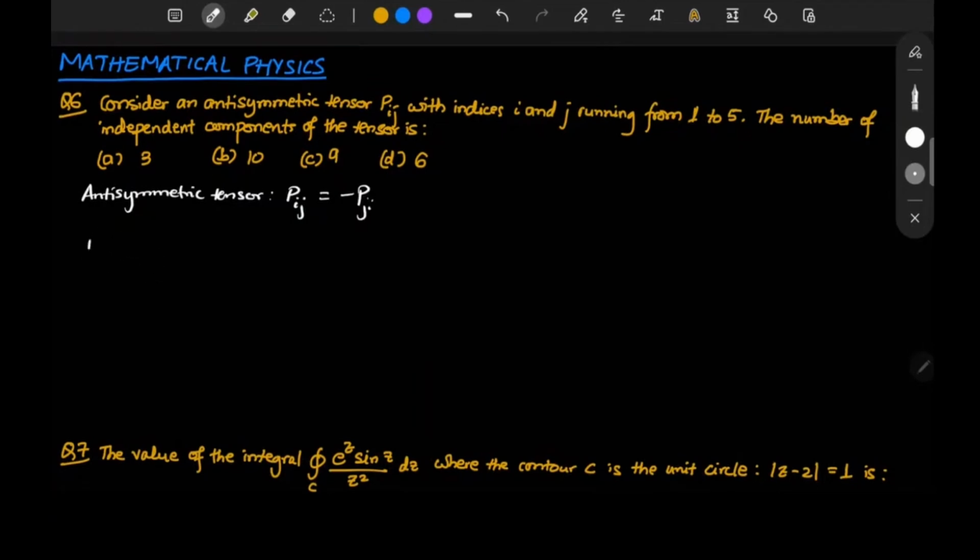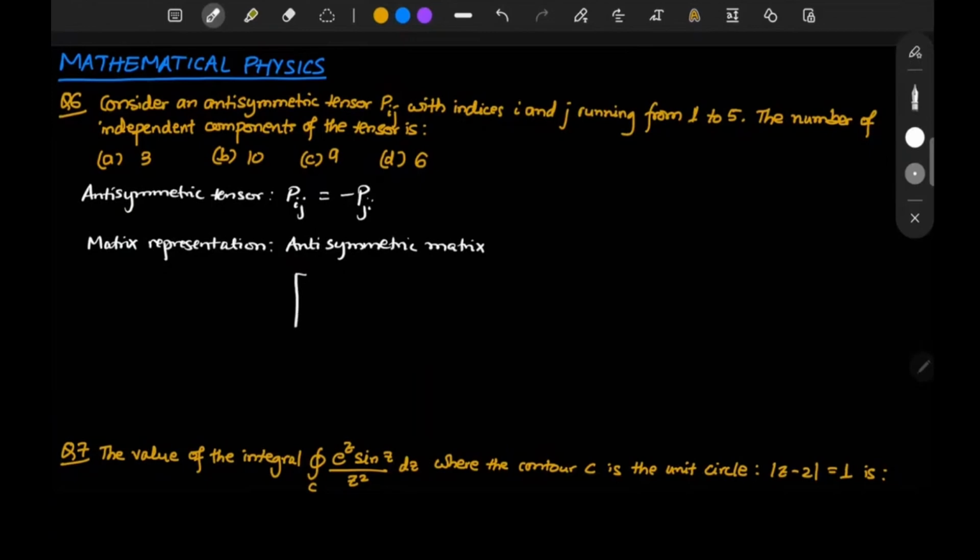So everyone would be aware of matrices, even if you are not aware of tensors, and that's how you can solve this question. We are given that the indices run from 1 to 5, so it's a 5 cross 5 matrix representation that we will have.